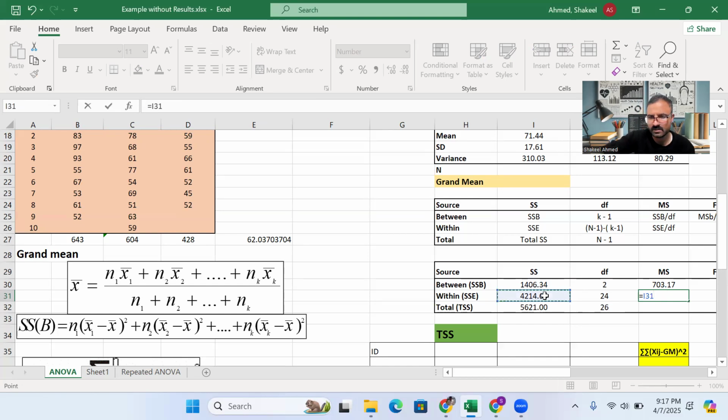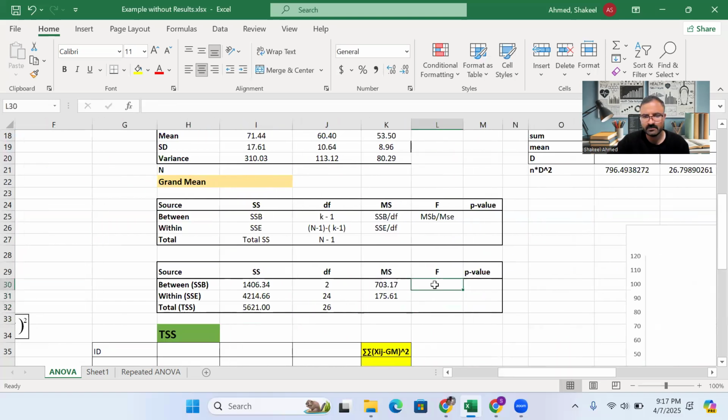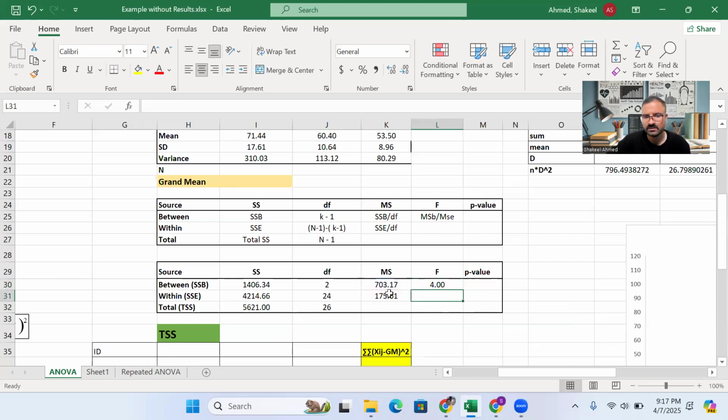And similarly, you can find the mean square for within group, and then find the F statistic, that is the ratio of the mean square between and mean square error. So the ratio is exactly 4.